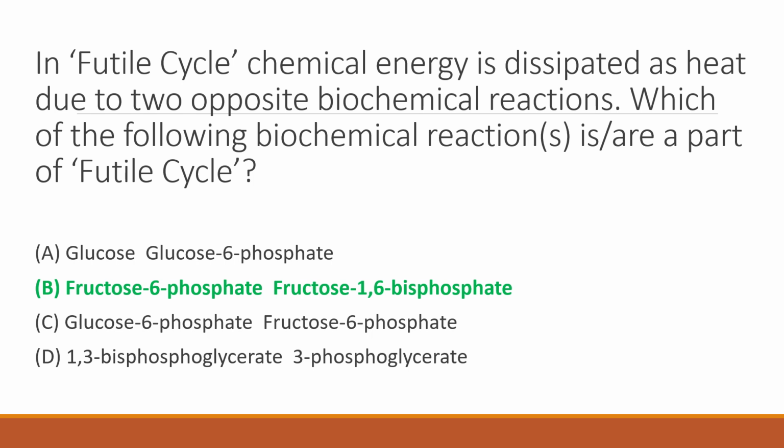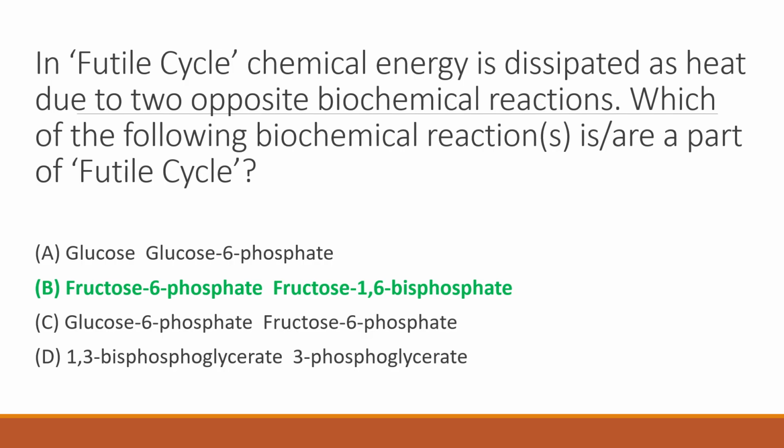First you have to understand what is futile cycle. It means the reaction which became waste, there is no proper utilization of the energy released. Such a cycle or reaction we call a futile cycle, where all the energy produced became waste.